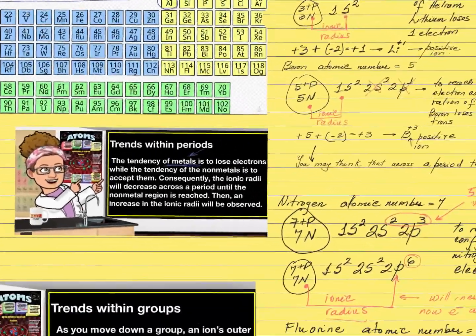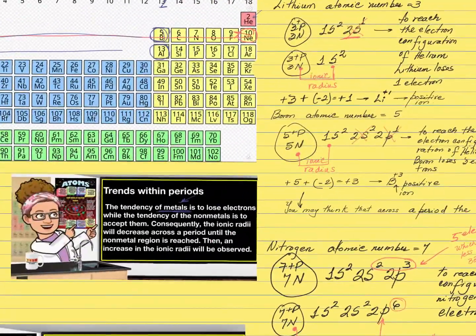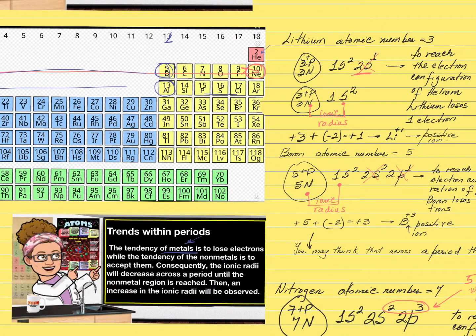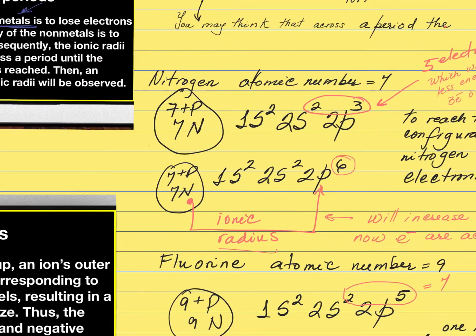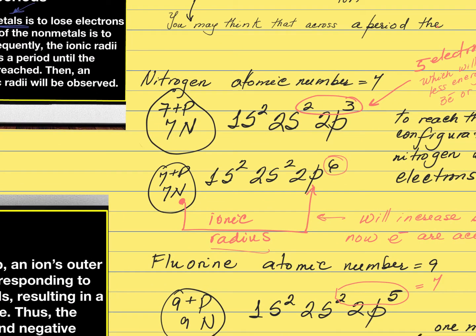Now, what is the catch in here? That at some point, you're going to reach the non-metal part. You're going to start over here with nitrogen, because it's the same process. Atomic number equal to 7, and you're going to distribute that in your electron configuration. In order to become chemically stable, that's the octet rule.